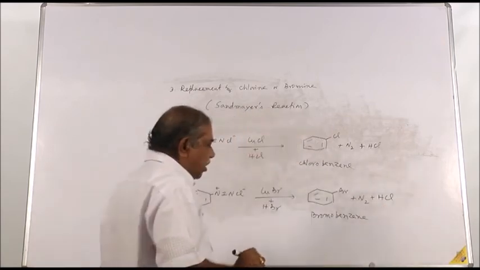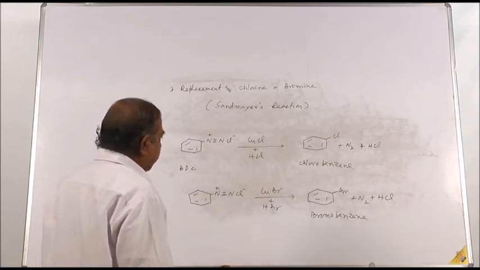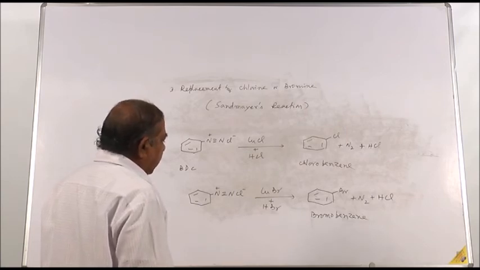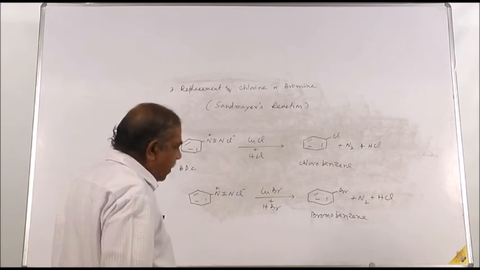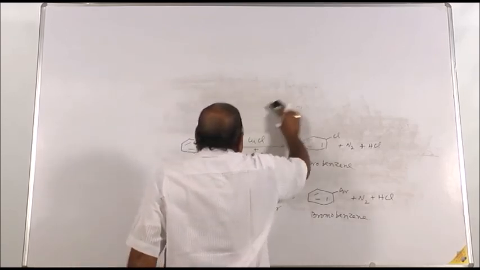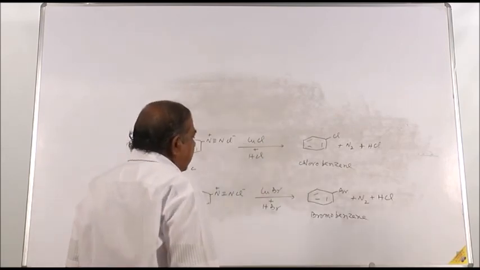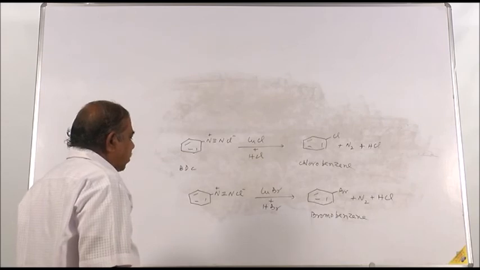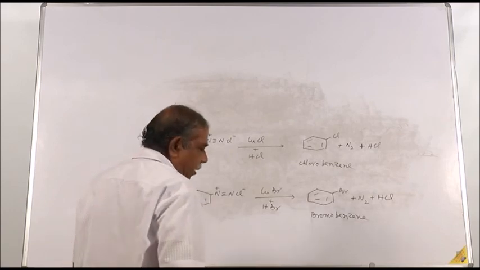So I have discussed three different reactions where the diazo group is replaced. One by hydrogen, second by OH group when we are getting phenol, third by chlorine or bromine, otherwise called Sandmeyer's reaction. With cuprous chloride and hydrogen chloride you get chlorobenzene; with cuprous bromide and hydrobromic acid, we get bromobenzene.